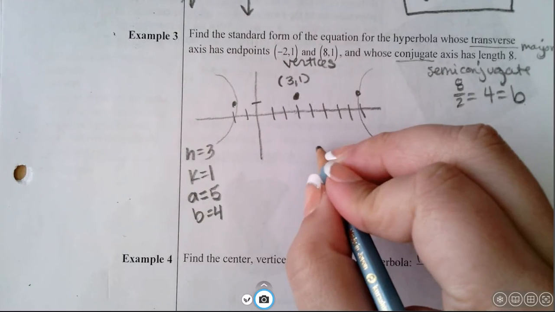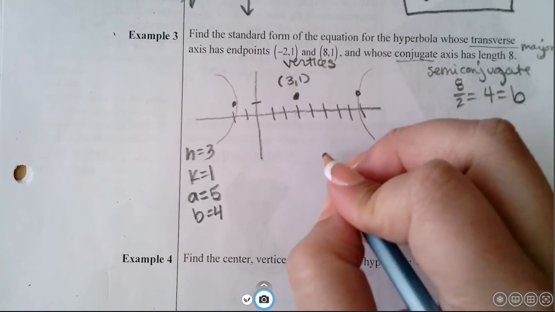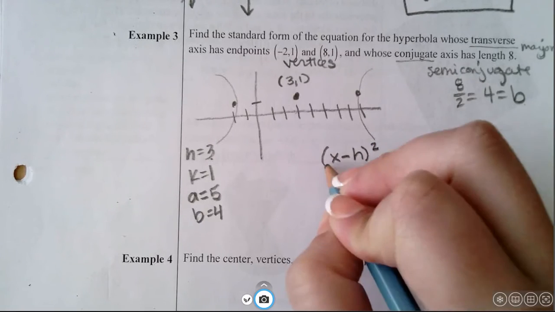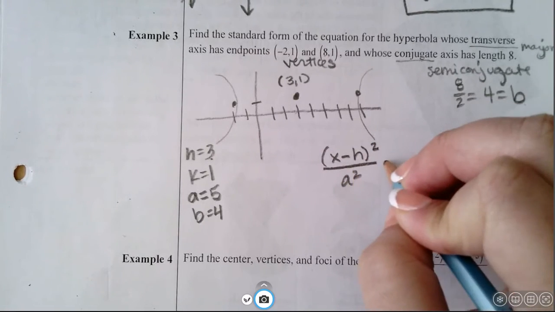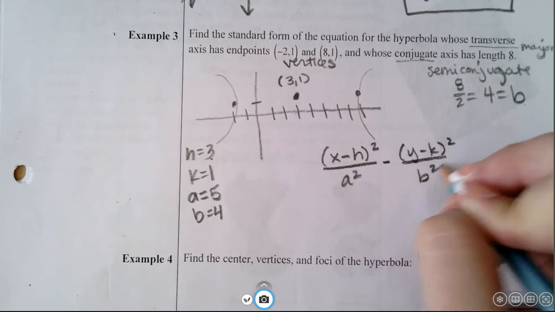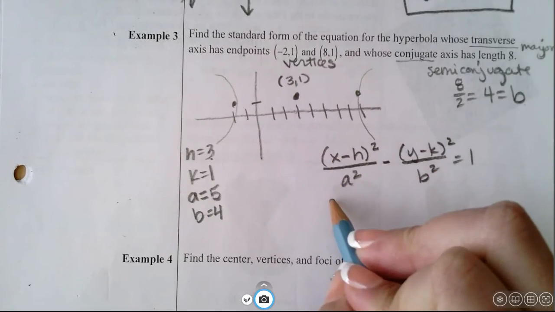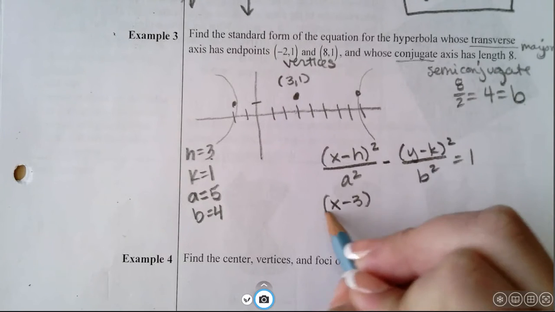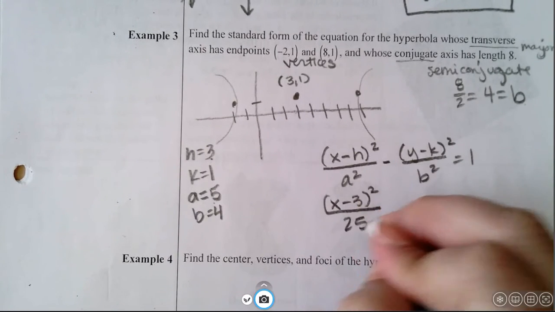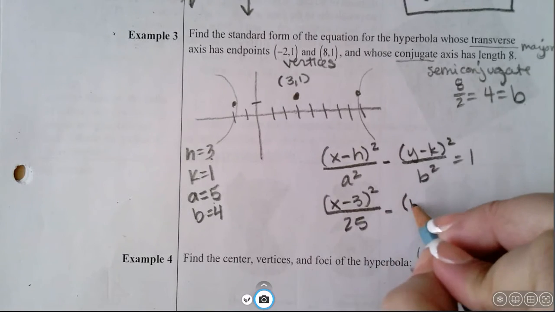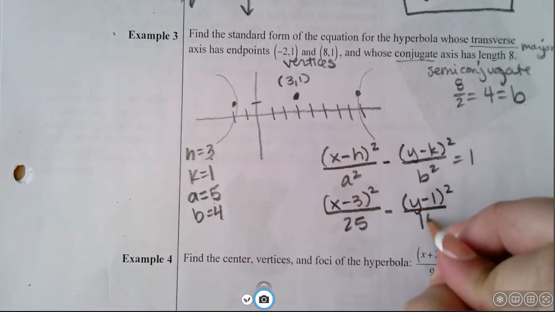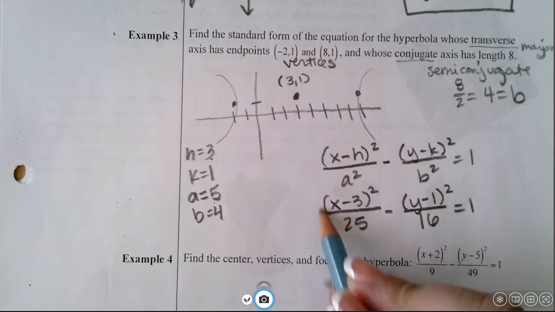So we have sideways, x is first, x minus h squared over a squared, I'm writing out the formula, over b squared equals 1. So now we have x minus 3 squared divided by 5 squared, which is 25, minus y minus k squared over b squared, which is 16, equals 1.